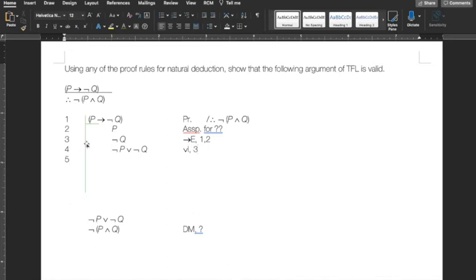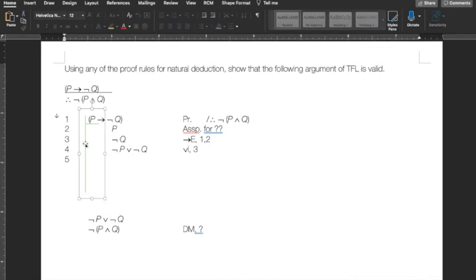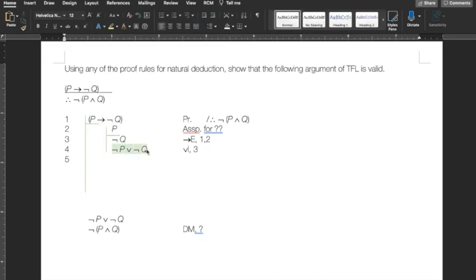So I'm going to say I want to close that subproof for now because I've gotten a sentence that I need later on in my proof. But I don't know what rule yet might allow me to move this sentence to the main body of my tree.